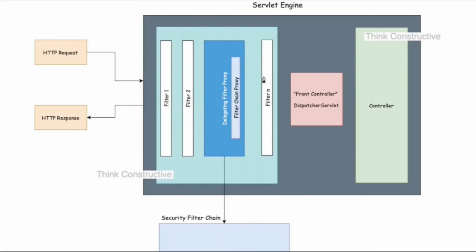That means before reaching the front controller, if there is anything else which needs to be done in the GET request, that will be done here at the filter level. And when the response comes back, if any post processing is needed, that will be done here at the filter level in the response.